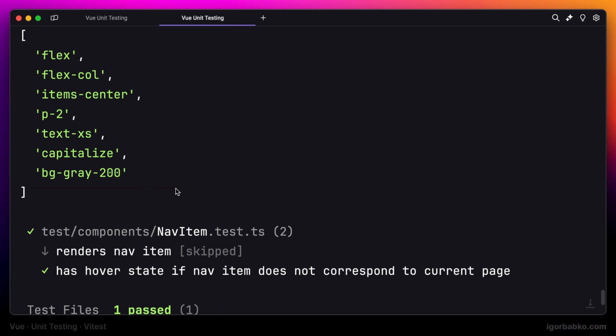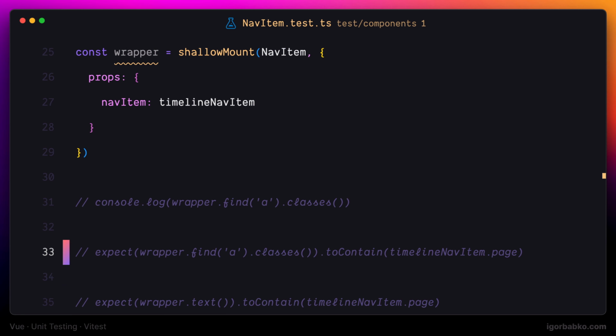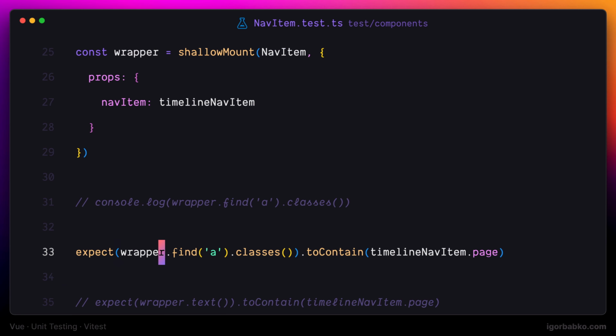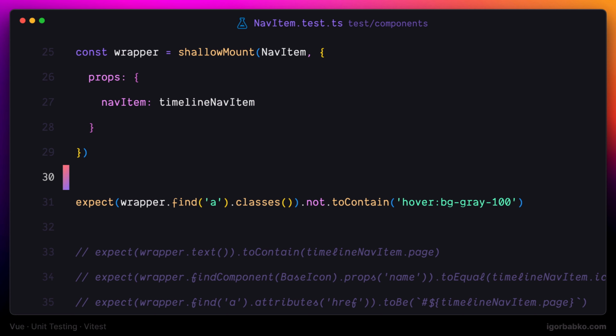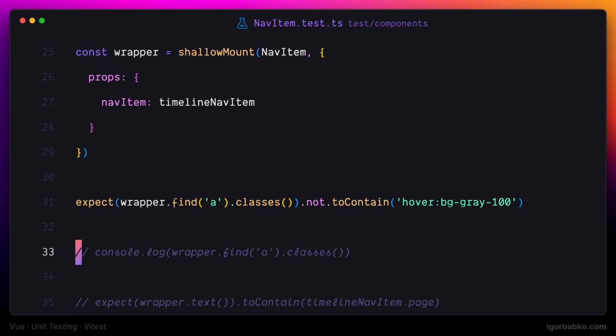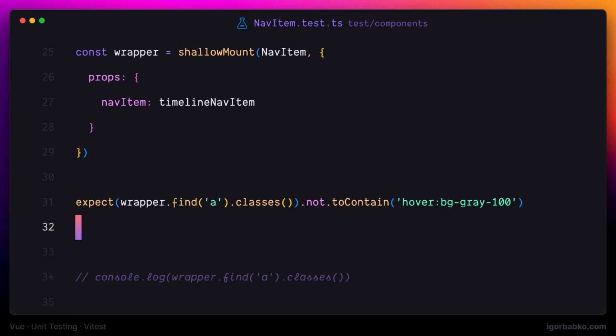So let's write an expectation where I'm going to check that among all those classes, we're not expecting to see the class which corresponds to the hover state, called hover:bg-gray-100. That is why we have used the not modifier in front of the toContain method, because the hover class has not been applied since we are currently on the timeline page.